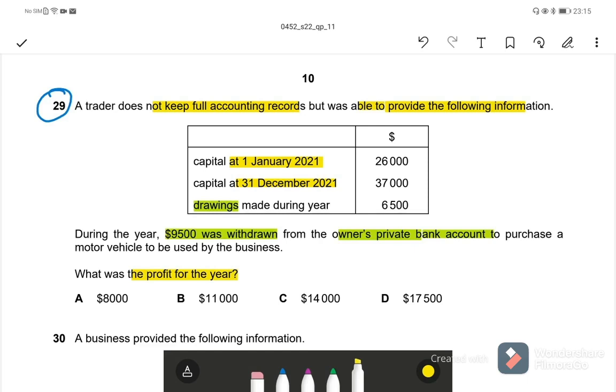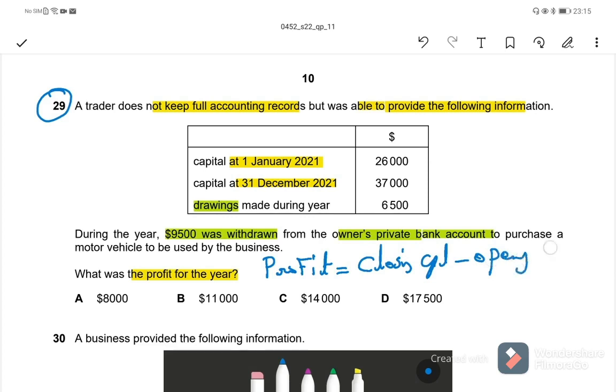So what is the equation to calculate the profit? Profit is equal to closing capital minus opening capital minus additional capital plus drawing.